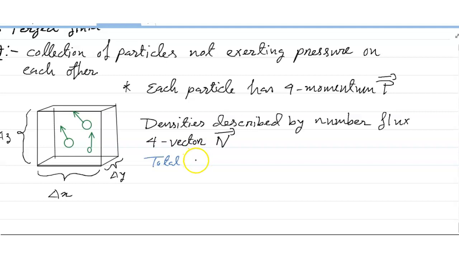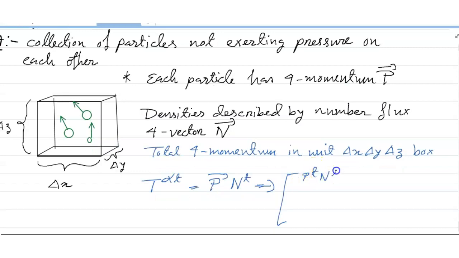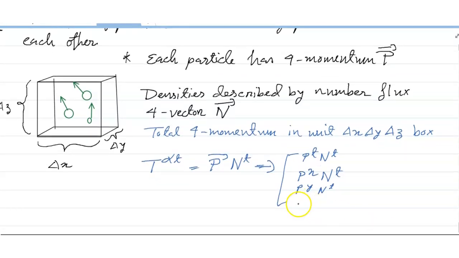Total four-momentum in a unit del x, del y, del z box, T alpha t equals p n t, which is pt nt, px nt, py nt, and pz nt.